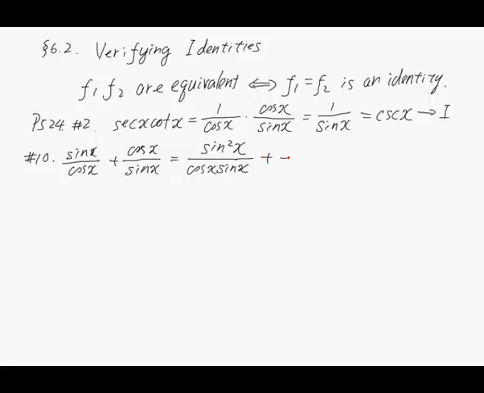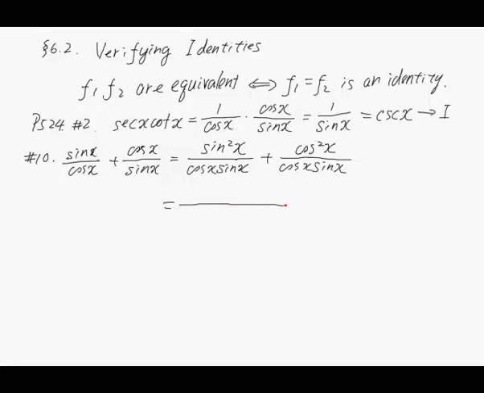Similarly, for the second fraction, we multiply both the numerator and denominator by cosine x. So we have cosine x times sine x, and the numerator is cosine square x. Now these two fractions have the common denominator. To add these two fractions, we just add the numerators and put the sum over the common denominator.